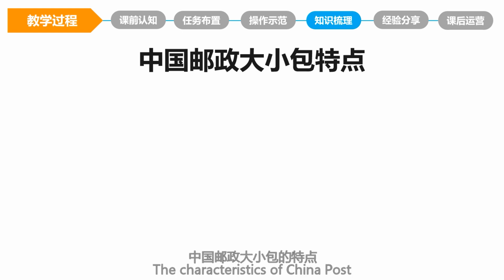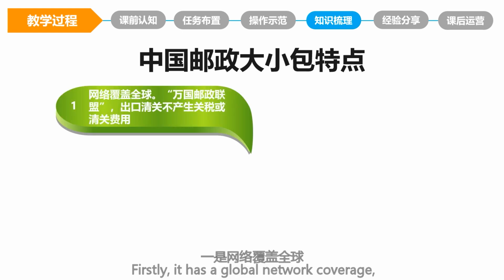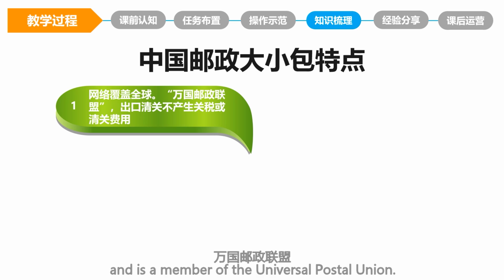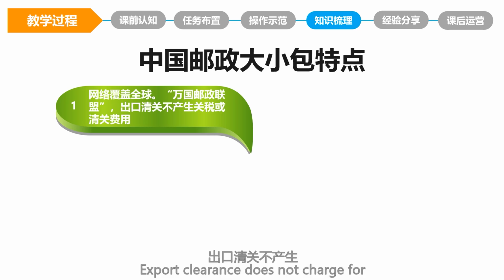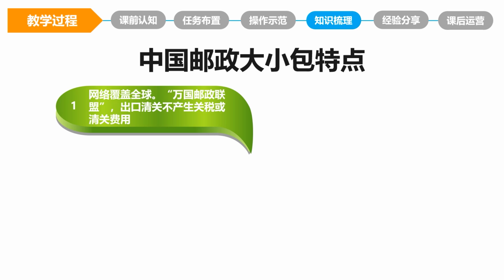The characteristics of China Post Air Parcel are as follows. Firstly, it has a global network coverage and is a member of the Universal Postal Union. Export clearance does not charge for tariffs and customs clearance fee.